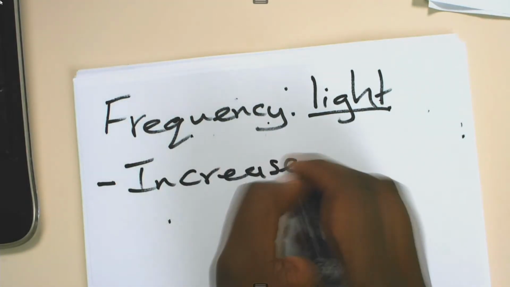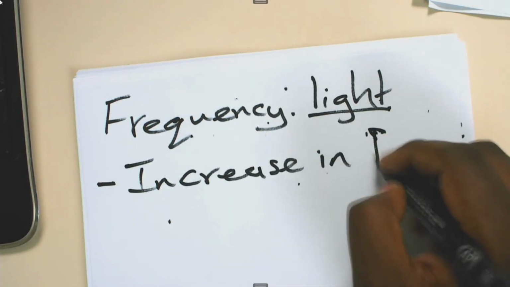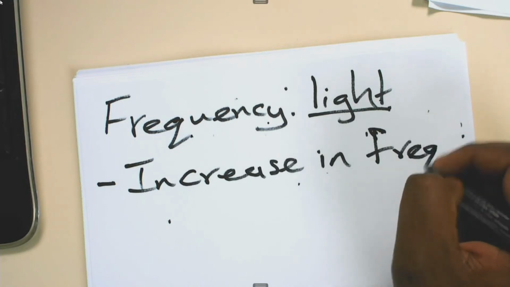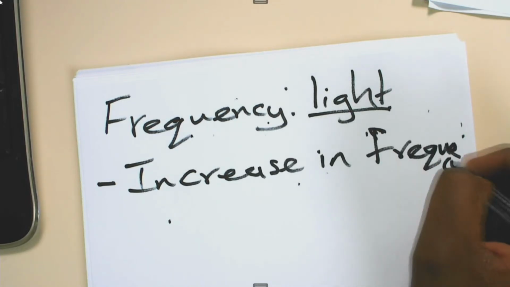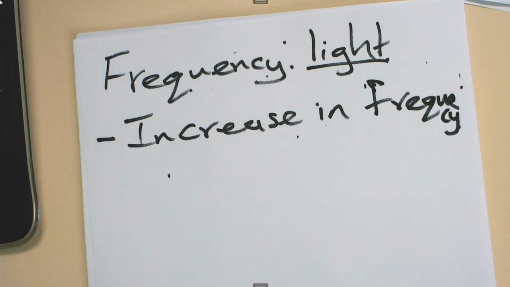Let's talk about an increase in frequency of light. If we increase the frequency of light by moving from one type of light to another, this is what will happen.